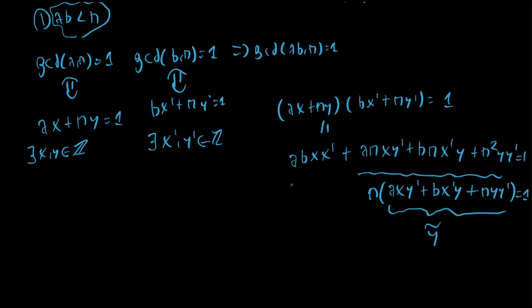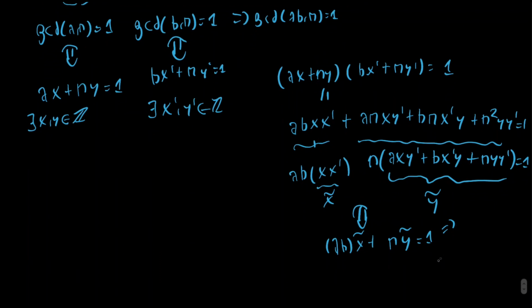And the rest is a multiple of ab, and we call this x tilde. So what we got is that ab times x tilde plus n times y tilde is equal to 1. And by Bezout's identity, this implies that the GCD of ab with n is 1. So we quickly verified this identity.